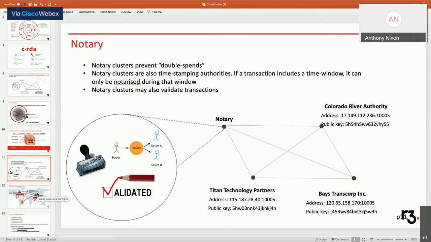In a regulated market, that might be something like a central bank, to which all of the different regional banks are held accountable, or it could be a consortium or a network of counterparties that interact regularly. They can set up something like a notary cluster in which they run a consensus algorithm among their contributed hardware. But the key thing to note is that the notary, whether it's individual or a cluster, is going to have a single identity on the network, and that's going to be able to check for double spends and make sure that transactions are signed as valid after they've been checked.